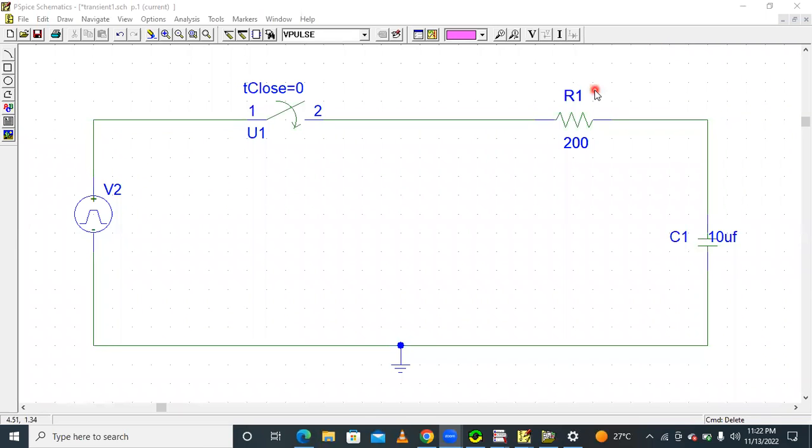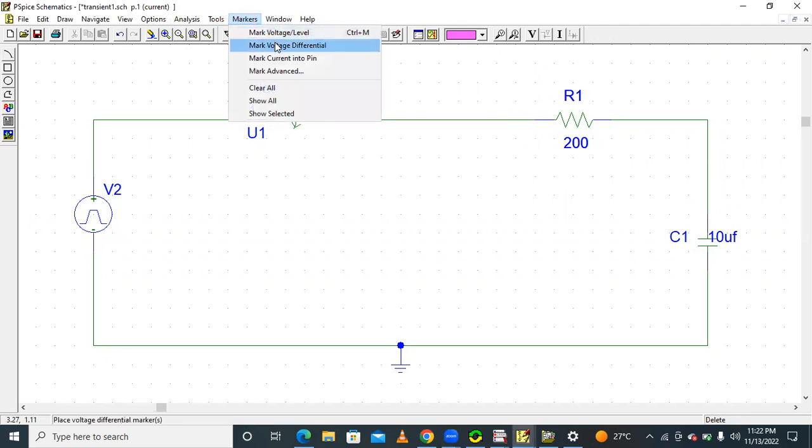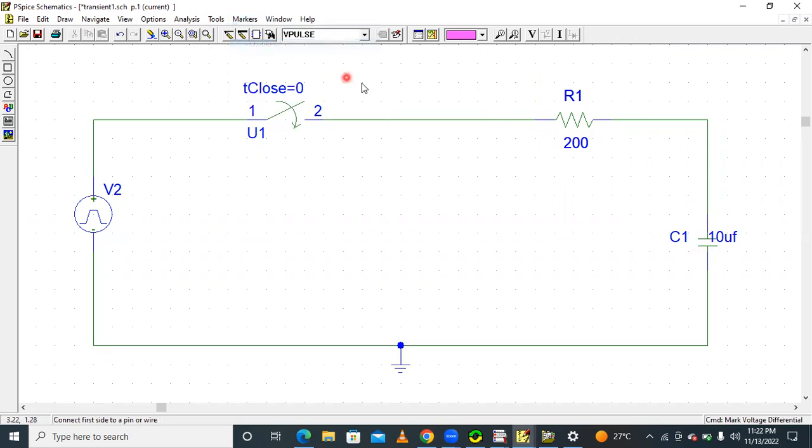Then, how does the voltage across the resistor change? The capacitor voltage increases exponentially, and similarly the voltage across the resistor decreases exponentially. To identify the voltage drop across the resistor, go to markers, mark difference, mark voltage difference. Place one here and place the other difference, plus and minus.